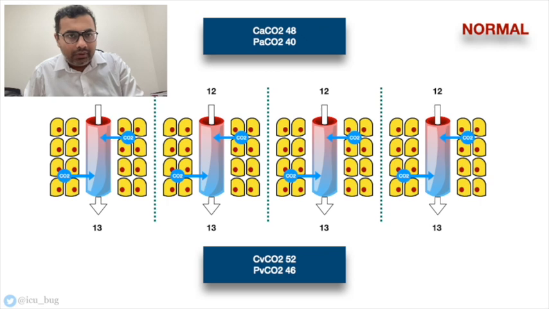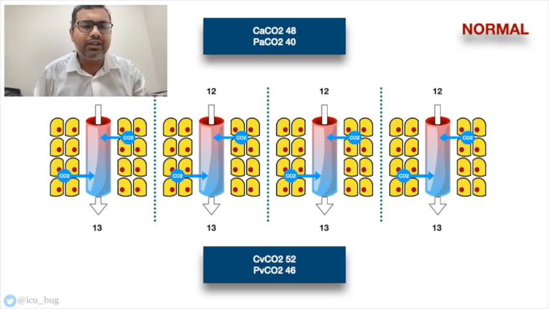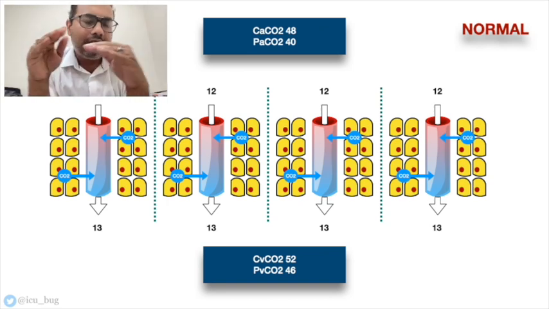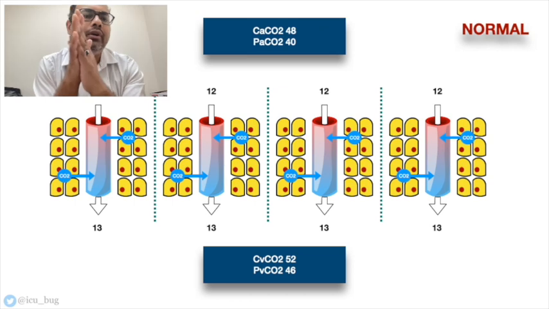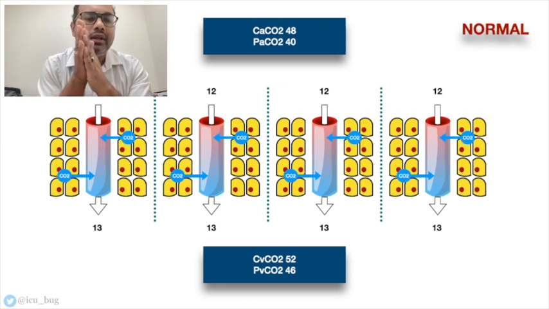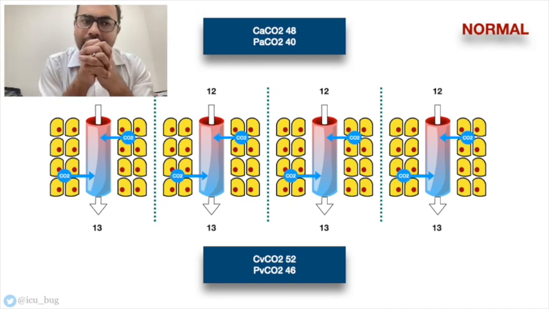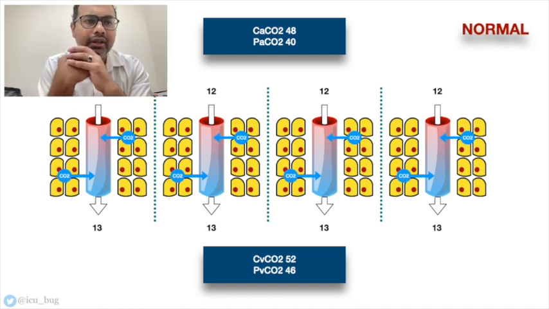In order to understand this, we have to go through this physiological rationale. So imagine a normal microcirculation which has a good microcirculatory flow and is homogeneously perfused. There is no build-up of carbon dioxide, because carbon dioxide is very soluble in blood.